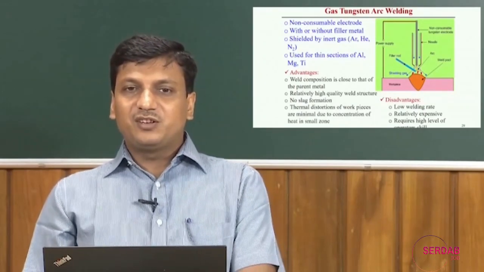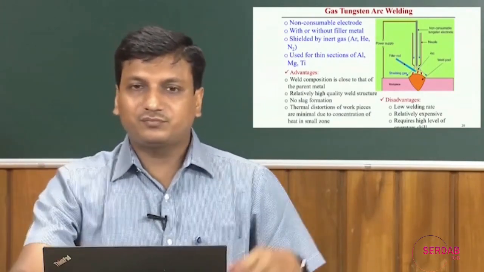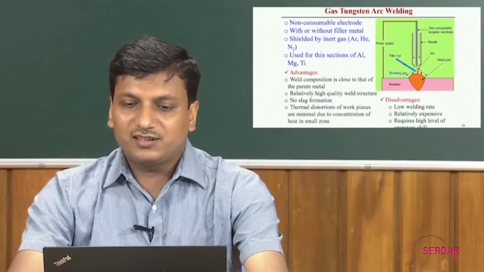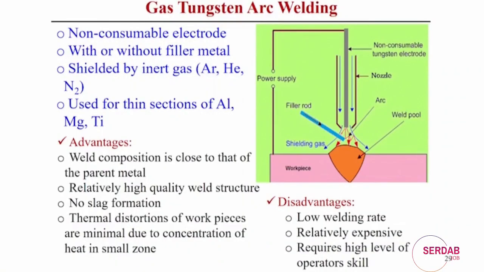So, from that point of view, gas tungsten arc welding is one of the most widely used welding processes, specifically when you try to join very thin metal and there is no need of any filler material.